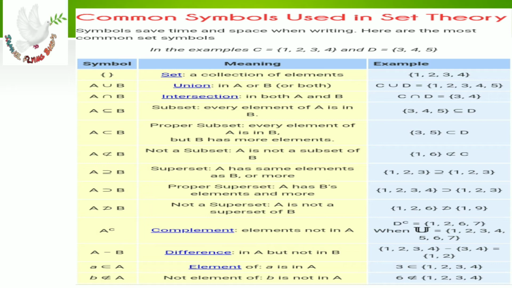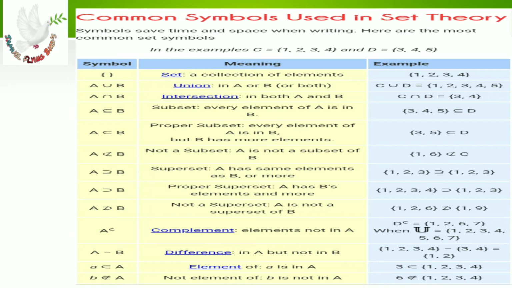In the union we consider all the elements which are in the sets A and B. Suppose set A contains 1, 2, 3, 4 and set B contains 5. Then A union B can be written as 1, 2, 3, 4, 5.